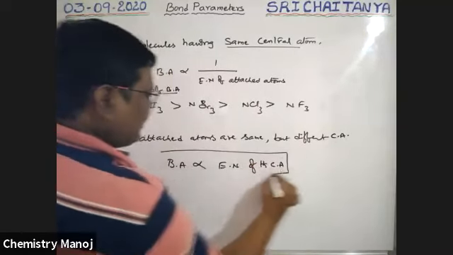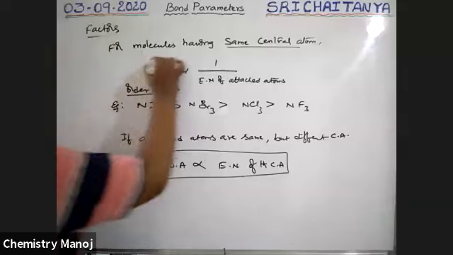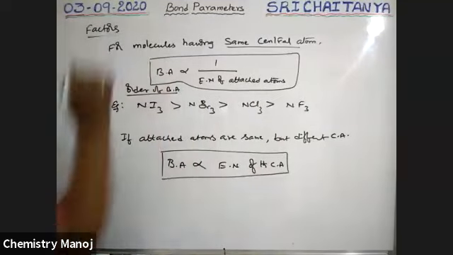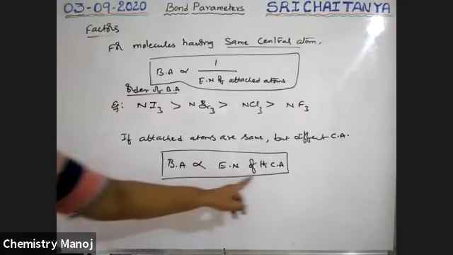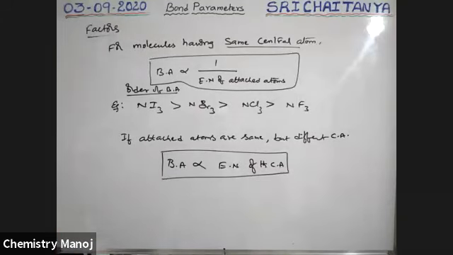Very, very important points. So bond angle is directly proportional to the electronegativity of the central atoms. So it is a different central atom but the same attached atoms.